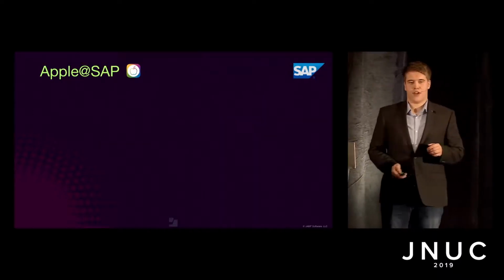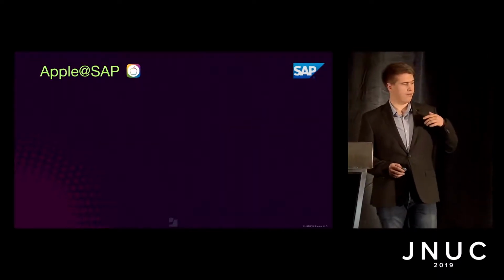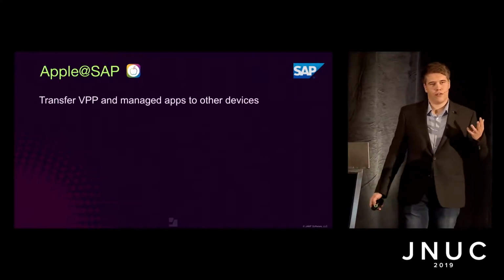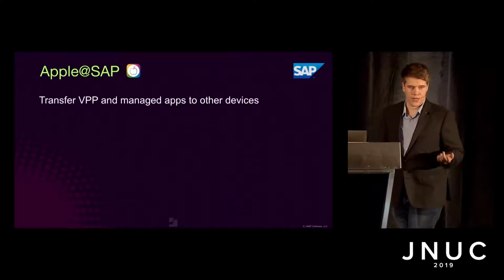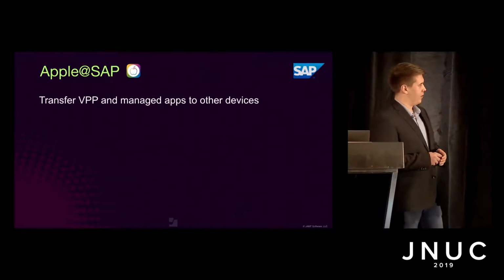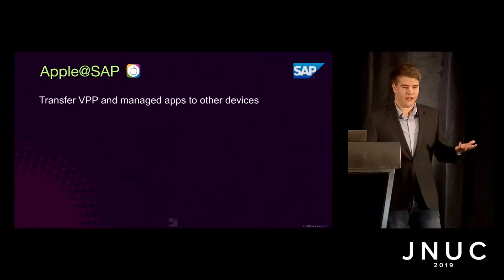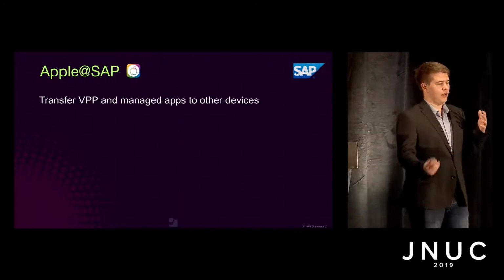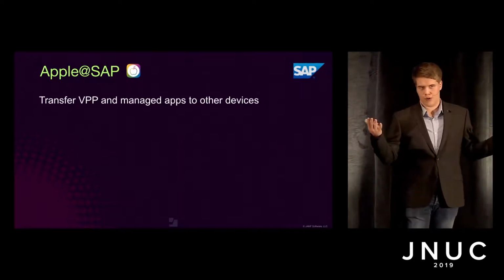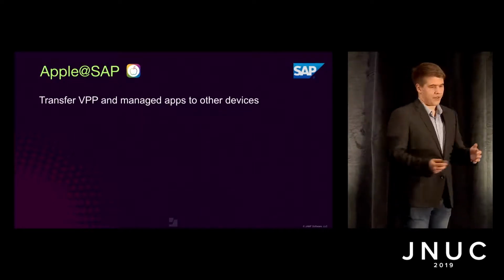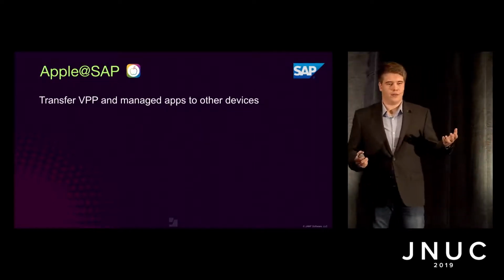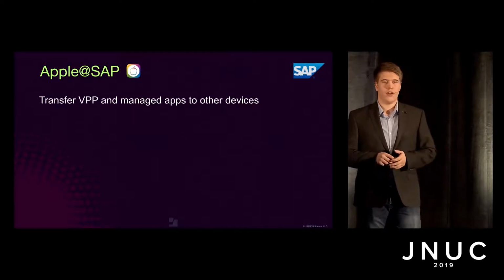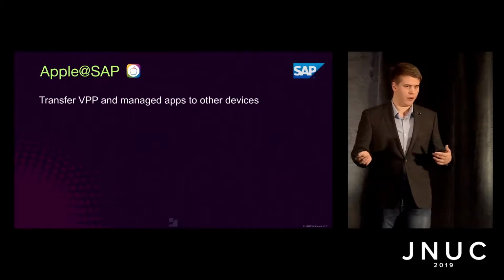A different feature that was actually implemented as a reaction of the migration tool is the transfer from VPP-enabled apps and managed apps in general to other devices. Imagine you're in a situation where you get a new iPhone 11 Pro Max, whatever, and you still have the old device. Now for App Store apps, of course, you can use backups and whatever, but the in-house apps don't come with that.